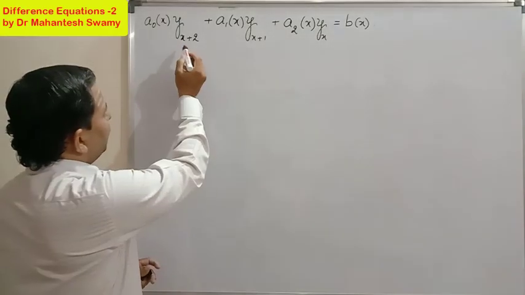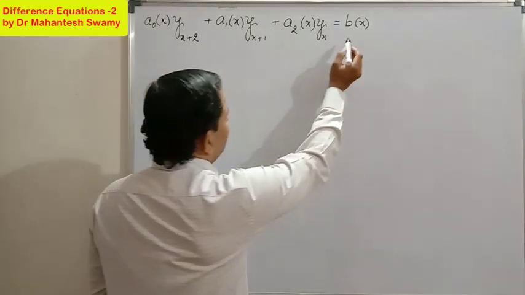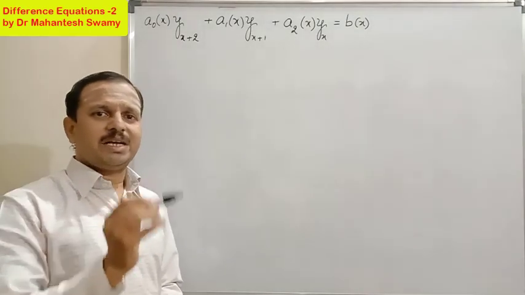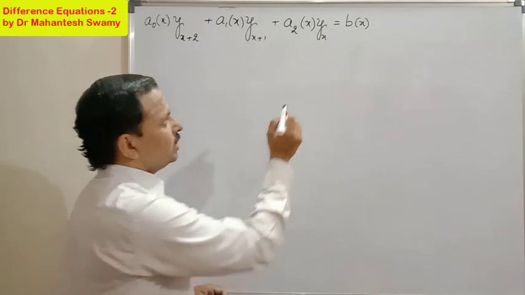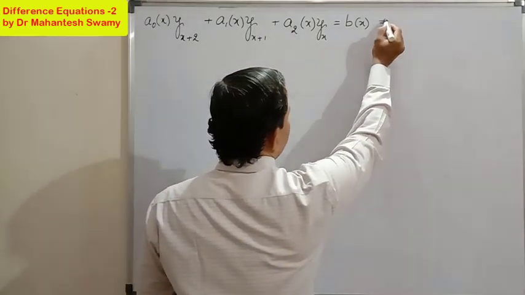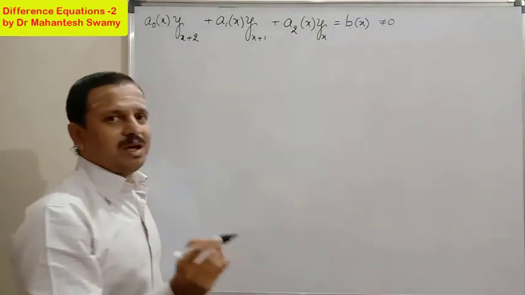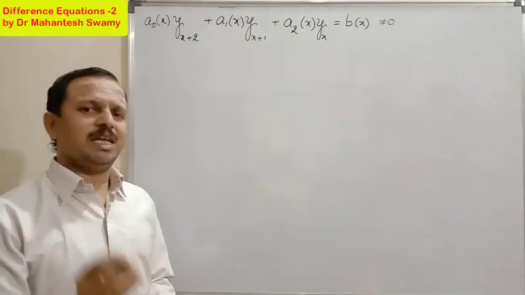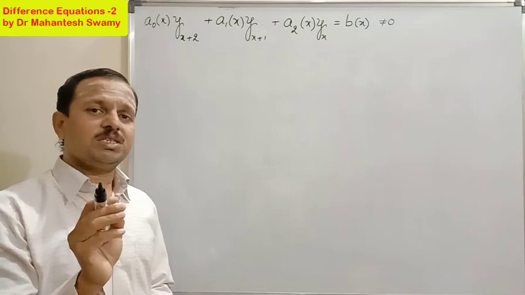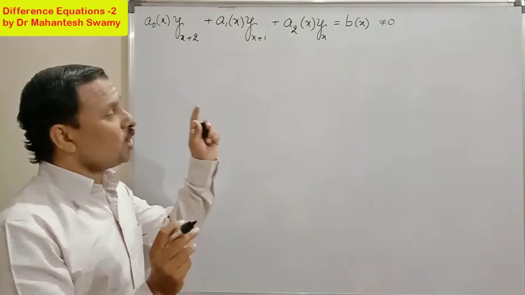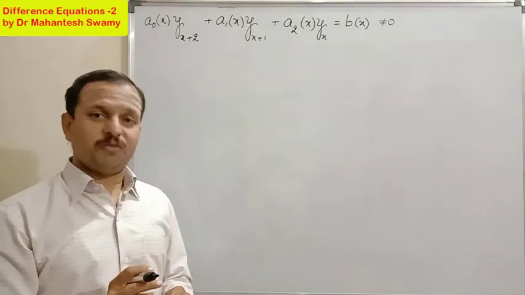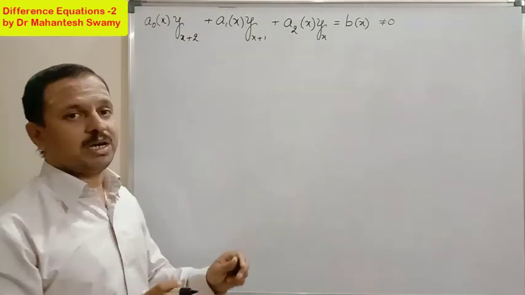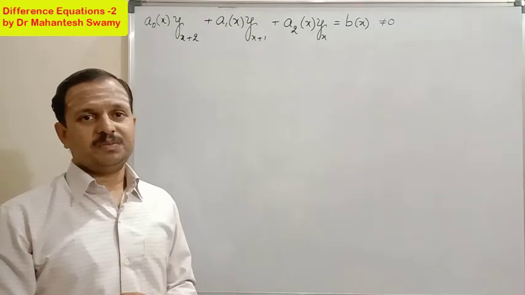Here on the right hand side, b(x) is there. If b(x) is not equal to 0, that is, if it is either a constant or any given function of x, then the difference equation is called a non-homogeneous second order linear difference equation.